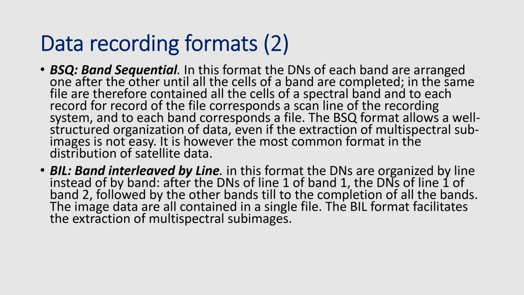After the digital numbers of line 1 of the first band, the digital numbers of line 1 of the second band follow, followed by the other bands till the completion of all the bands. The image data are all contained in a single file, and the BIL format facilitates the extraction of multispectral sub-images.